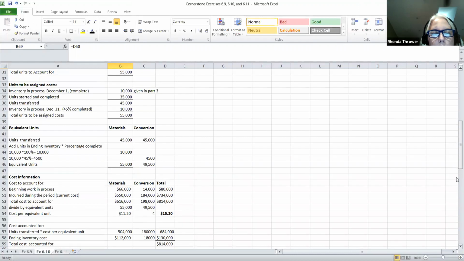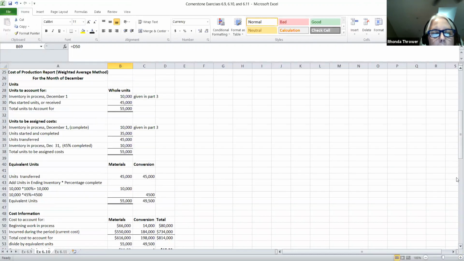It's very important that you learn the cost of production report using the weighted average method and the cost of production report using the FIFO method, and to be able to compare the differences between them.